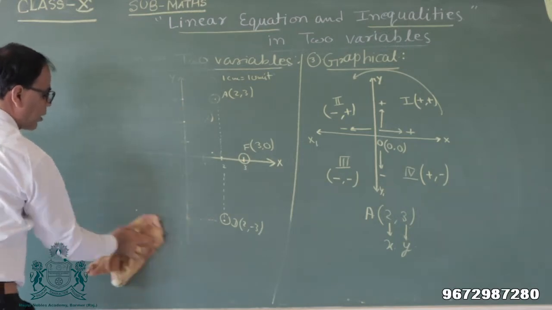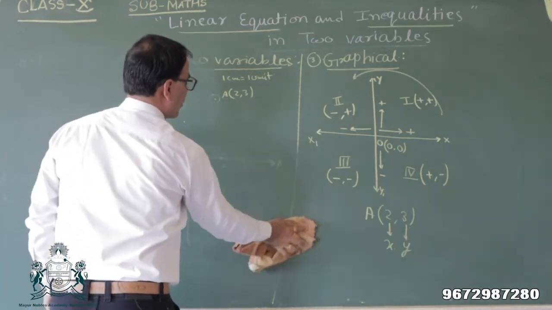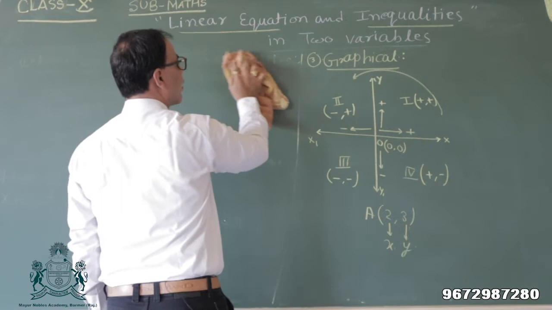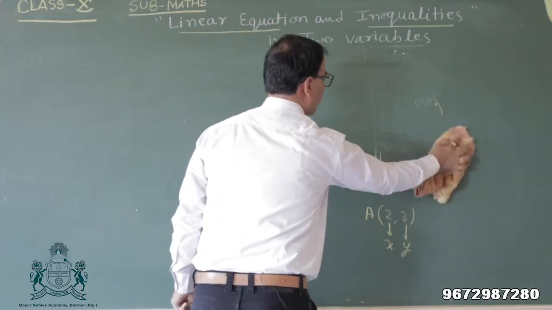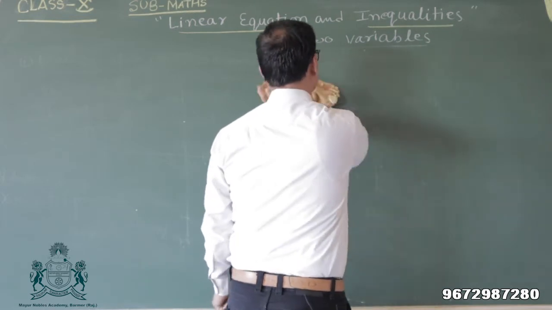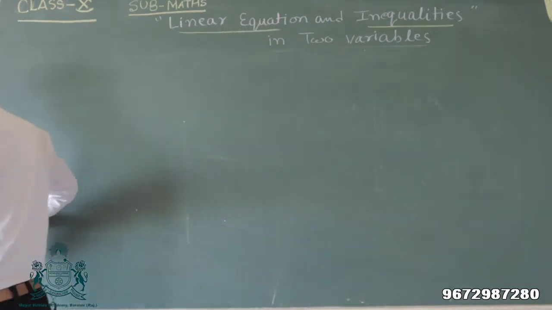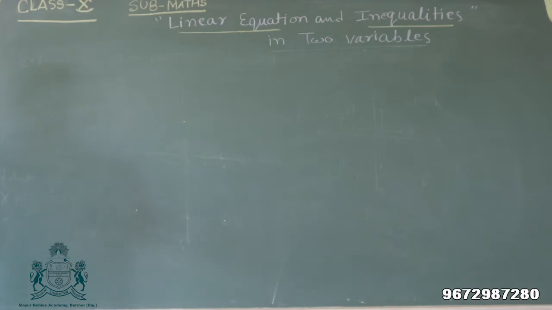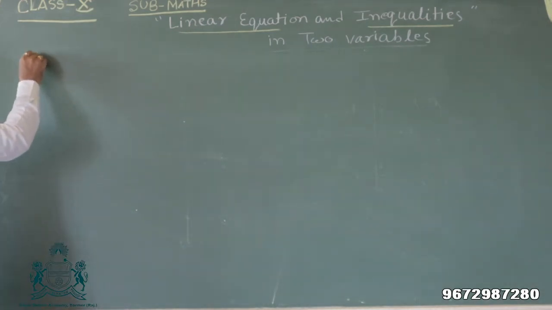Next point: comparing the constant numbers a1 upon a2, b1 upon b2 and c1 upon c2, and find the solution by graphical method. Point table.